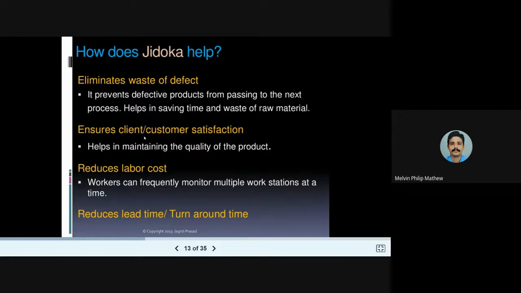Next, it ensures client or customer satisfaction. If a quality product is obtained, the customer is always satisfied. He will always prefer that same company and that same product, which further increases the profit earned by the company. Next, it reduces labor costs.